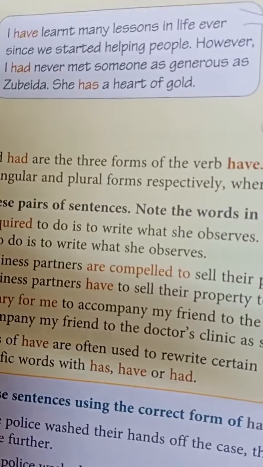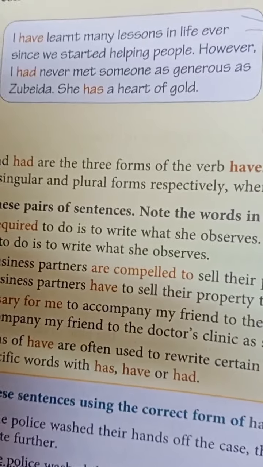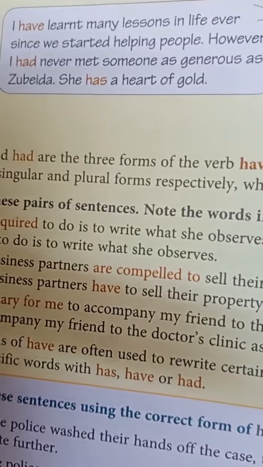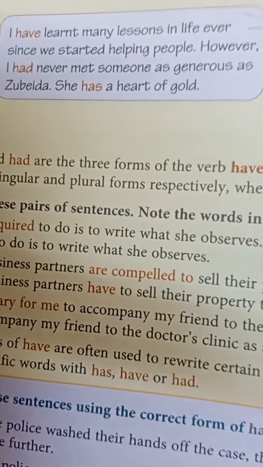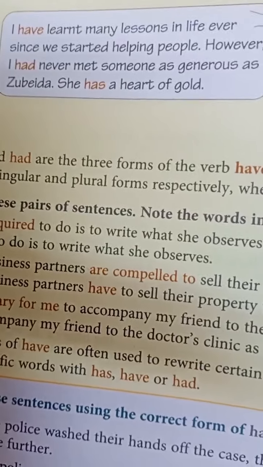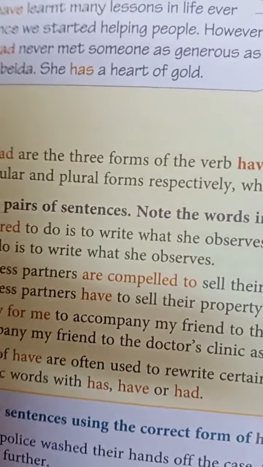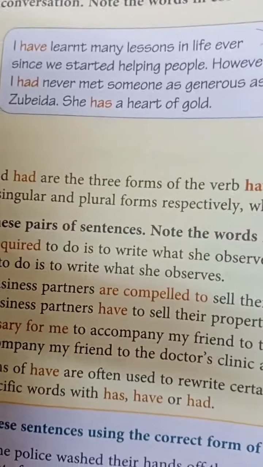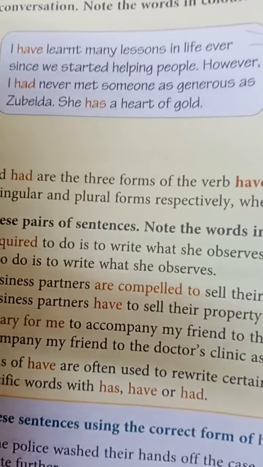I have learnt, a helping verb. I had never met, and then she has a heart of gold. So here has is a possession, having something, possessing a heart of gold. She has a, so you have had used in the past tense, and has.